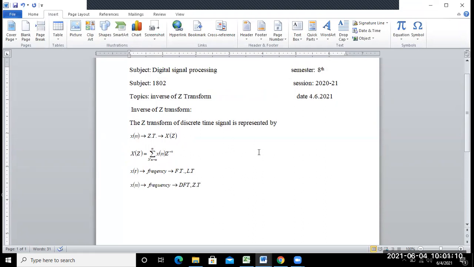So is it clear how we can represent the continuous time signal and discrete time signal, and how we can transform from time domain to frequency domain?